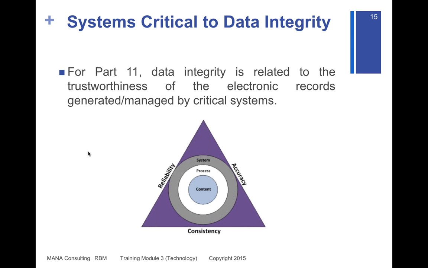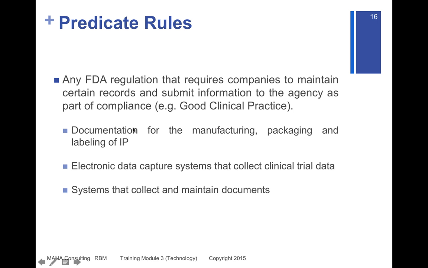And what you're wanting to do here is to make sure that there's data integrity, so that when you take that data in the electronic format, you can trust it, and that you can access and view that data for years to come. So that's another important piece. That's why you have consistency, accuracy, reliability, and it's not just the content, but the processes and the systems are all critical components of this.